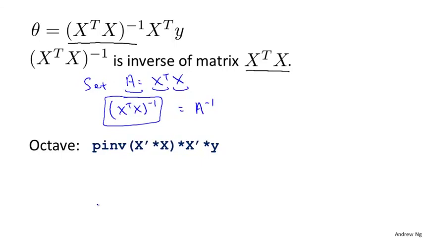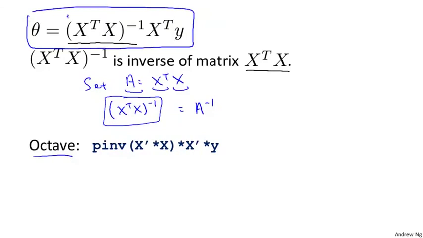We haven't yet talked about Octave. We'll do so in a later set of videos, but in the Octave programming language, or similarly in the MATLAB programming language, which is very similar, the command to compute this quantity, X transpose X inverse times X transpose Y, is as follows.